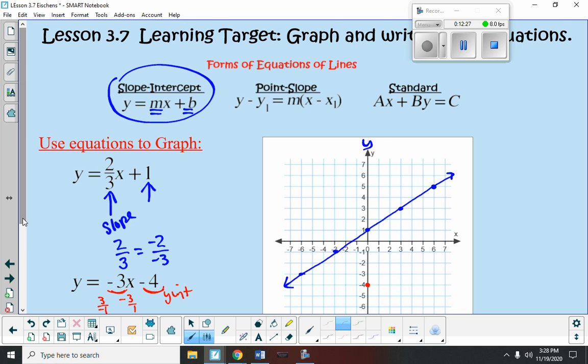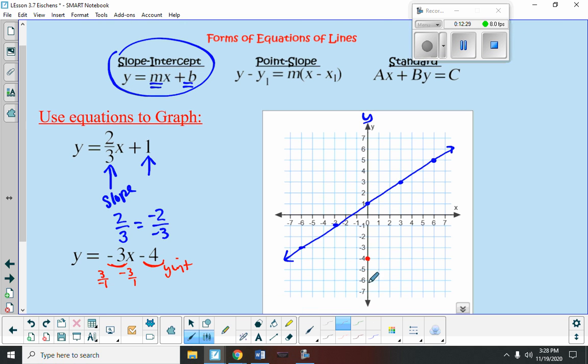And I need to move that up slightly. Down 3 over 1. Or you could go up 3, 1, 2, 3, and then back 1. And there's this line. Okay?